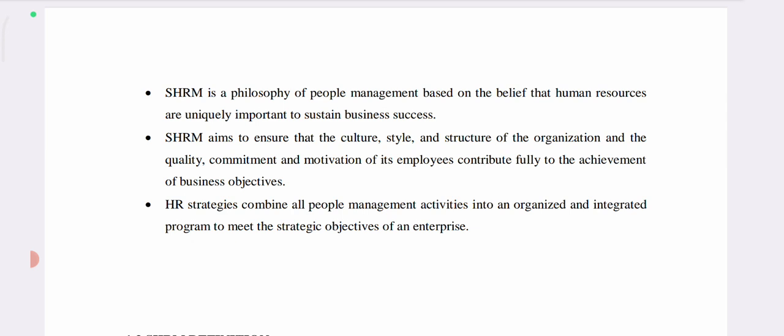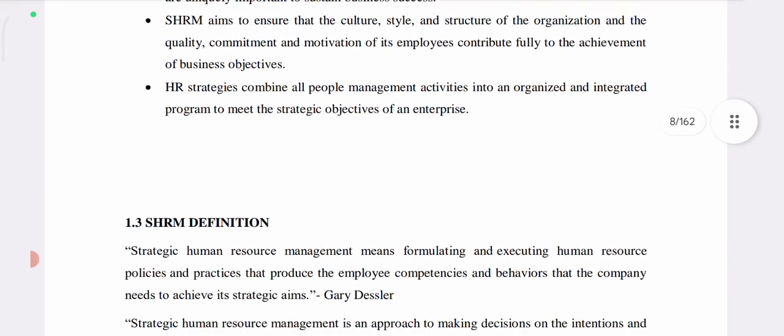HR strategy combines all people management activities in an organized and integrated program to meet the strategic objective of an enterprise. So in one line, from personnel management to human resource management, and now being implemented with strategies, it is called strategic human resource management.